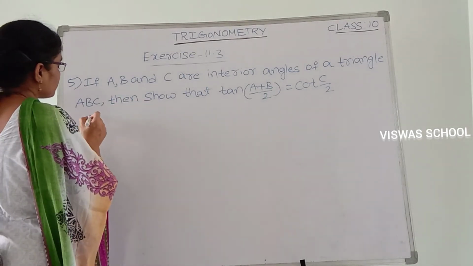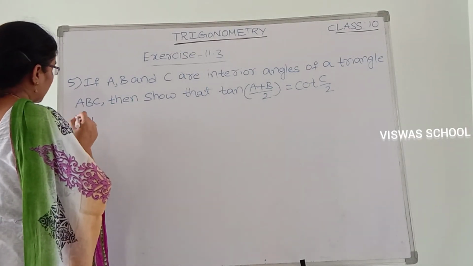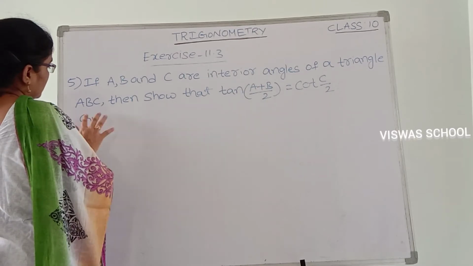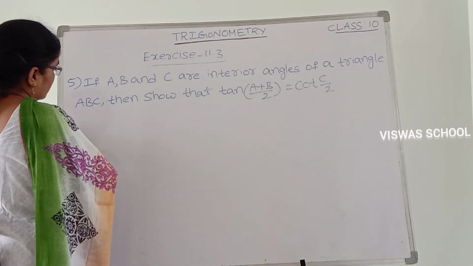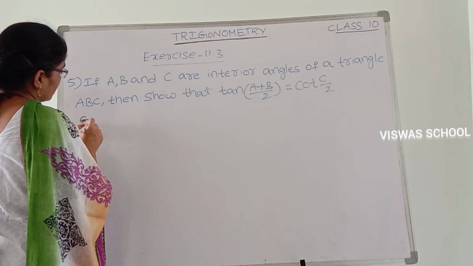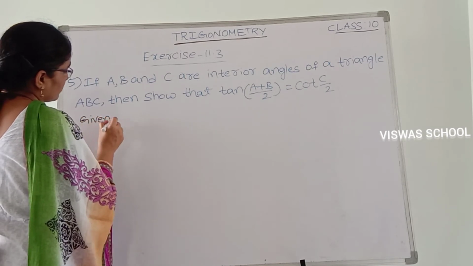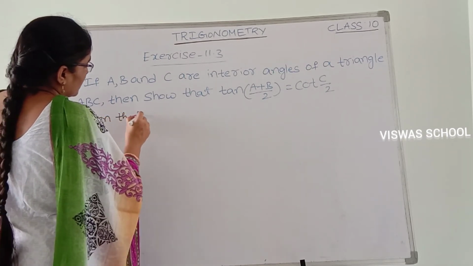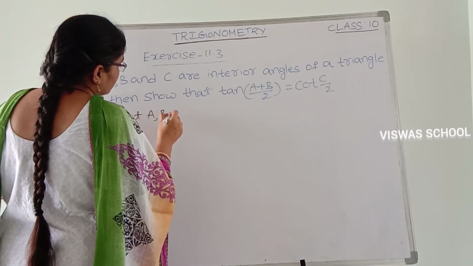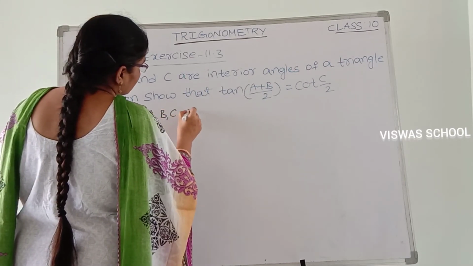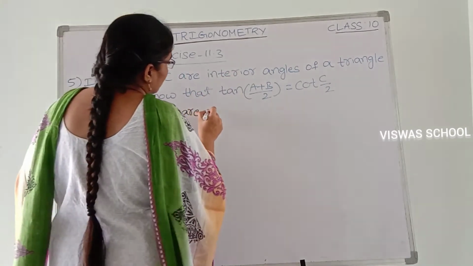That is, here it is given that A, B, C are the interior angles of a triangle.